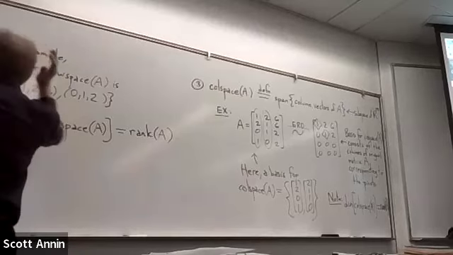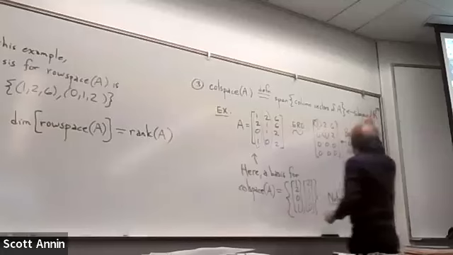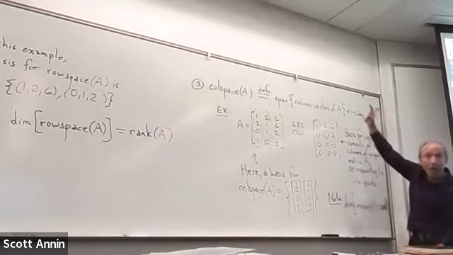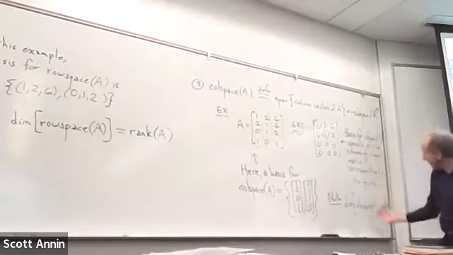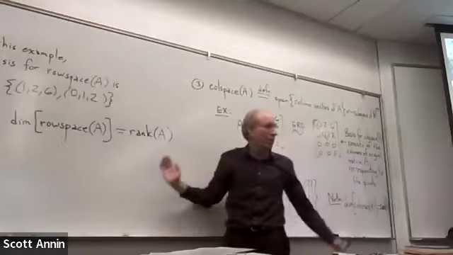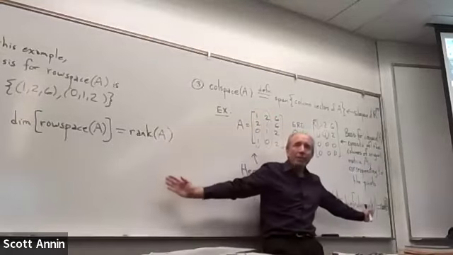But the column space lives in a different universe altogether, Rm rather than Rn, but yet its dimension is the same as the dimension of the row space. Both of these are rank of A.